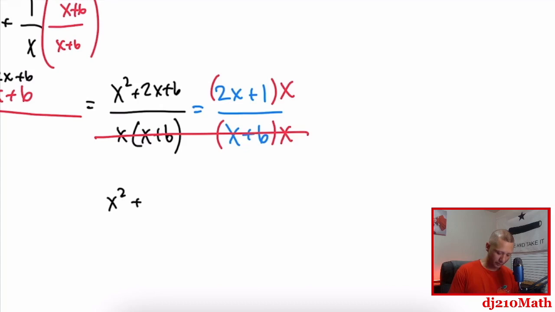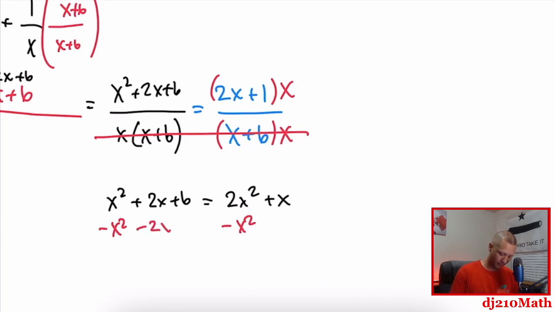So x squared plus 2x plus 6 is equal to 2x squared plus x. If I move everything left, that's going to make a negative x squared. Let's move everything right. So 0 is equal to x squared minus x minus 6.